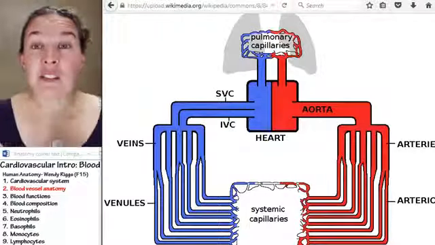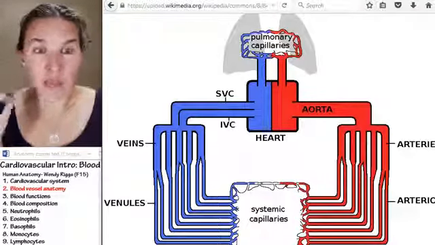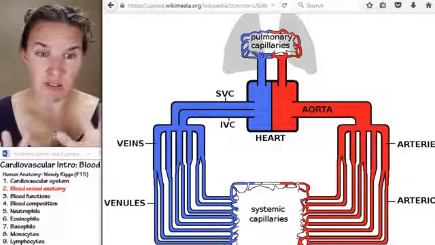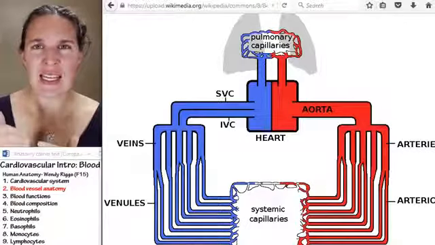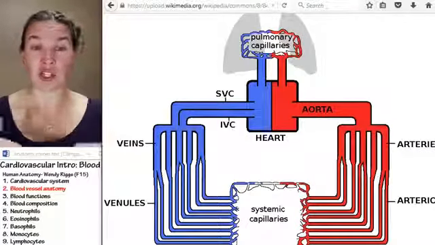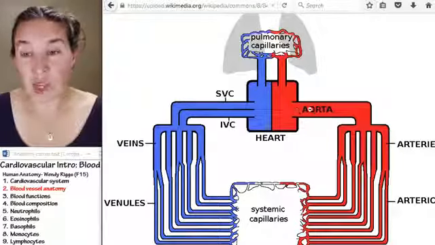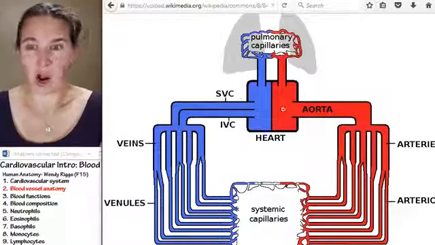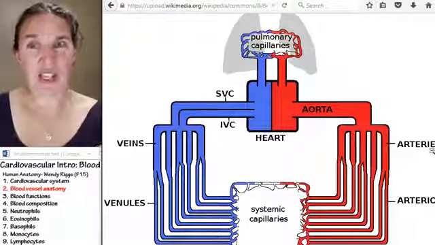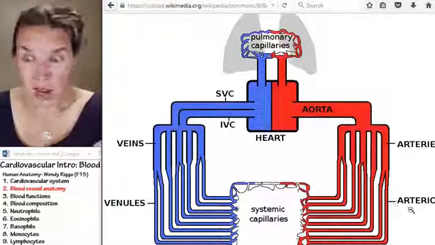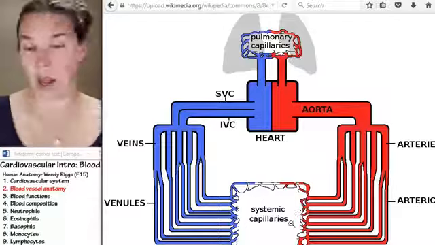But the vessels are one continuous tube. Think about that for a second, that branches in like bajillions of different ways. Don't lose that big picture in all these details that I'm about to give you. This visual is nice because it shows you how we start out, here's my heart, and we start out with a tube that branches, and all those branches, we've got a new name, and now we've got another new name because we branched some more, and then holy branching madness, new name.